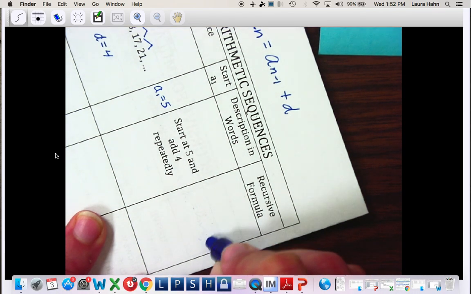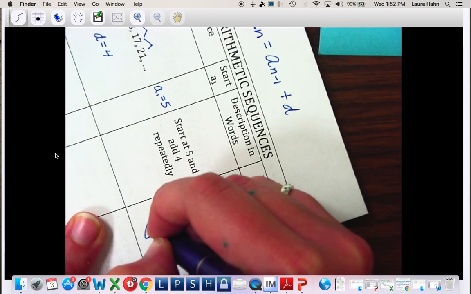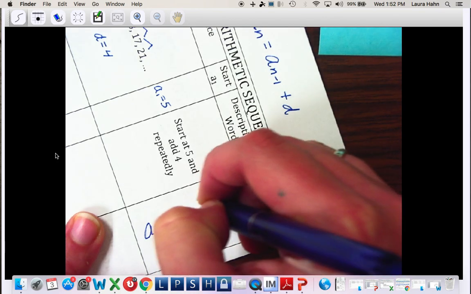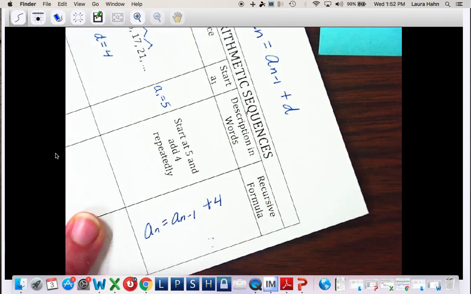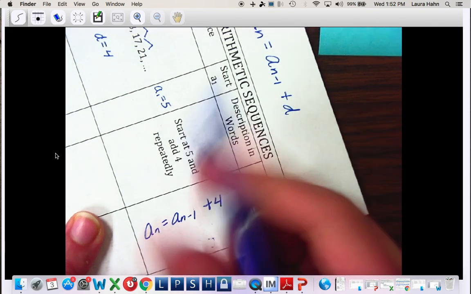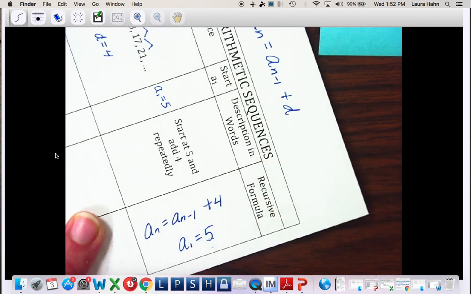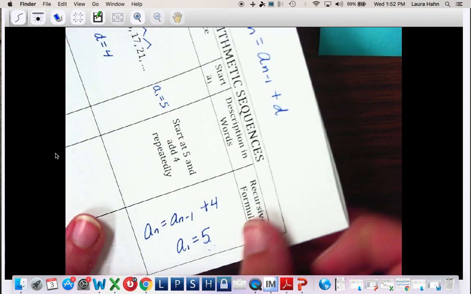So when I write my formula, to find the nth term, you take the previous term, and you add 4. And you always have to start by putting your first term, so we're also going to add that our first term, a sub 1, was 5. So we started at 5, and we added 4 repeatedly. So it looks big and scary, but it's really not so bad.